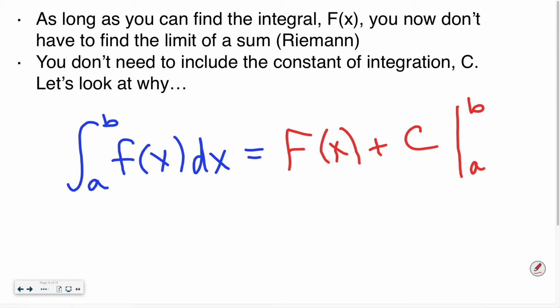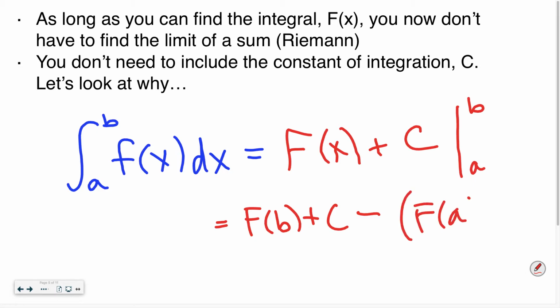Using the fundamental theorem of calculus, we plug in b for our antiderivative, and then we subtract, plug in a. What happens? The c's cancel out, so we don't need them. If we have a definite integral, meaning we have these numbers right here, we don't need the plus c.